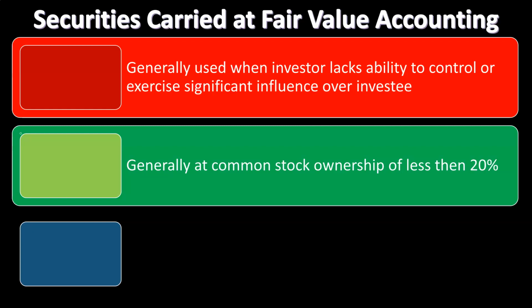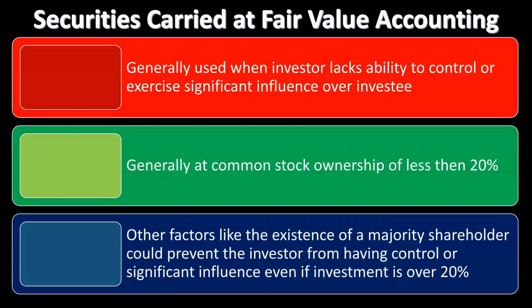If it's under the 20%, that's that arbitrary line that we set up that we're going to typically be using this method. Other factors like the existence of a majority shareholder could prevent the investor from having control or significant influence even if the investment is over 20%. So if you have over 20%, and you think about a normal type of company, everybody else has something under 20%, right?